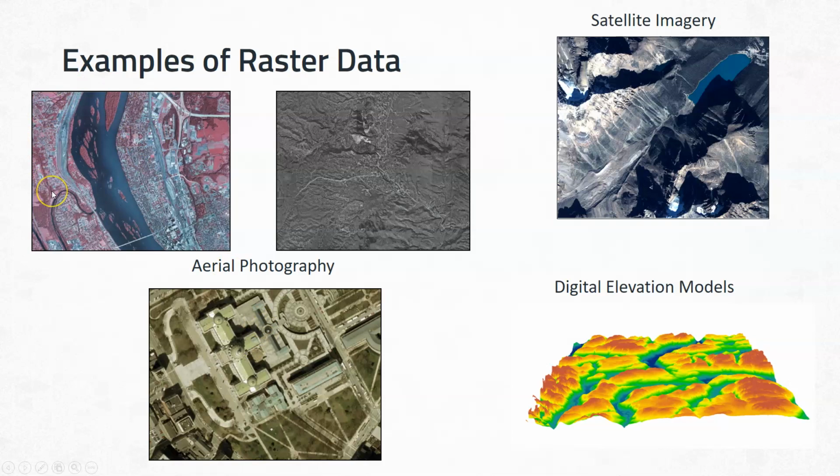And then what you're looking at up here in the corner is a color infrared aerial photo. And these are taken during leaf-on conditions so that the health of vegetation can be assessed. So anything that's bright red indicates healthy green vegetation.